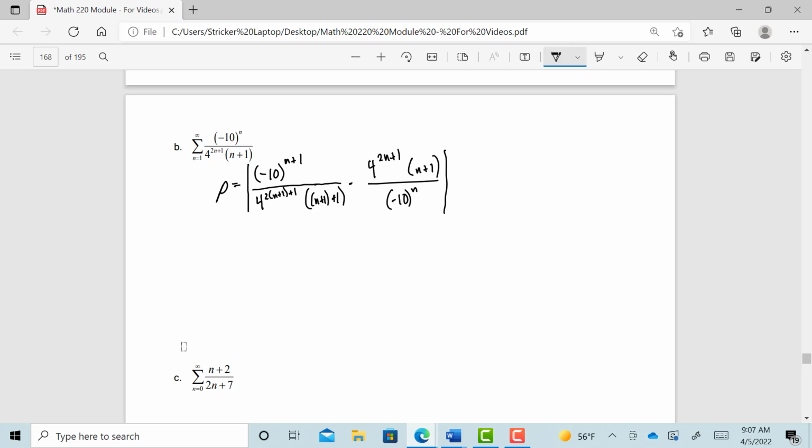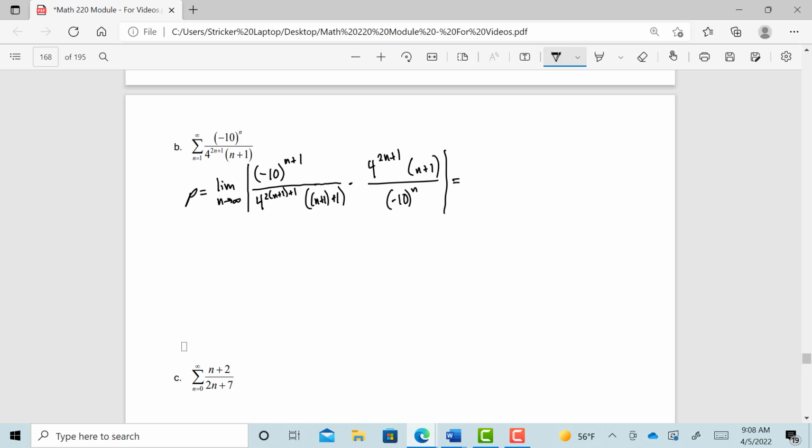Okay, and now we need to, it's just algebra, just kind of like the last one. So we can do some rewriting here, and I did notice that I left off the limit at the beginning of this. That is important. We got to make sure we have that. So we have rho equals the limit as n approaches infinity.